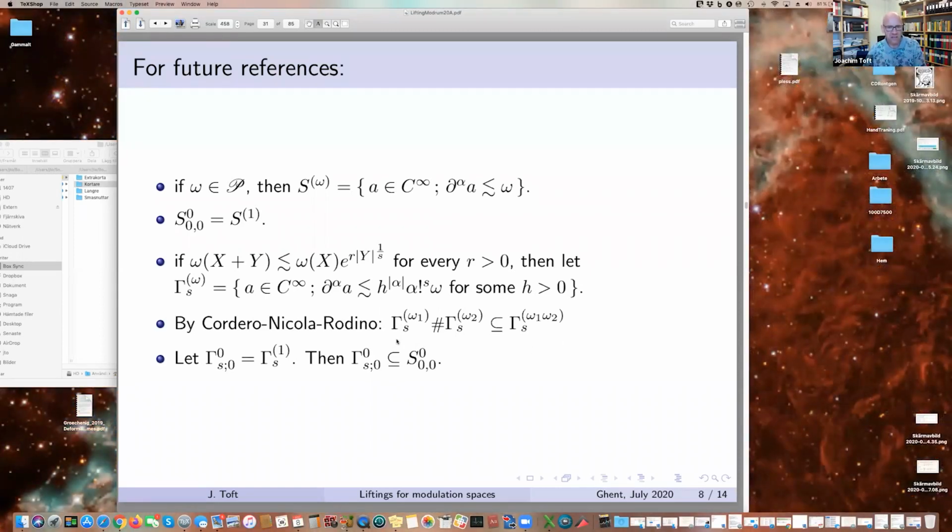This means that in contrast to the usual symbol classes, we also put some kind of Gevrey conditions here in a similar way as for the Gelfand-Shilov spaces. On the other hand, in contrast to the ordinary theory of pseudo-differential operators, we allow our symbols to grow more than polynomially, sub-exponentially in our situation.